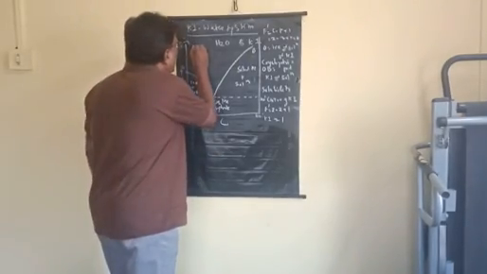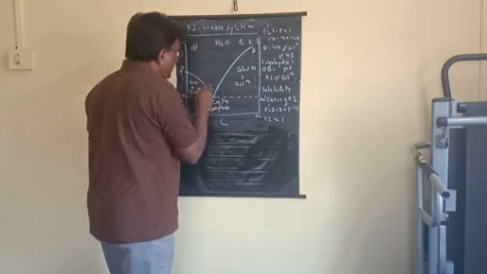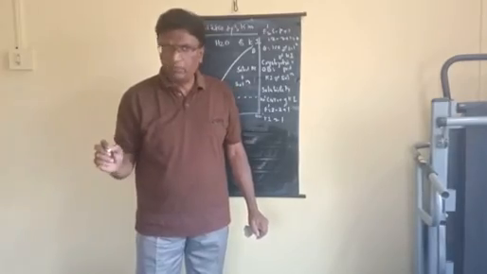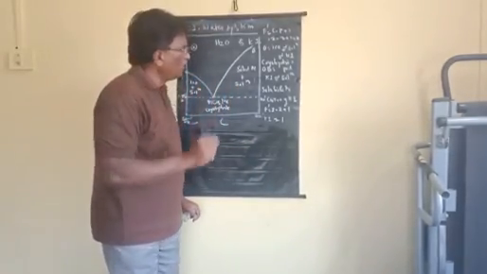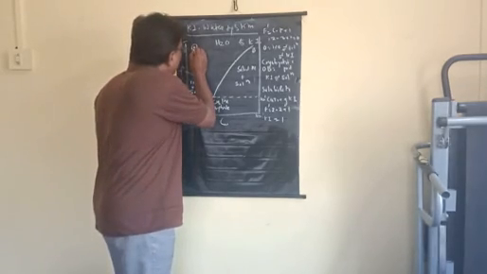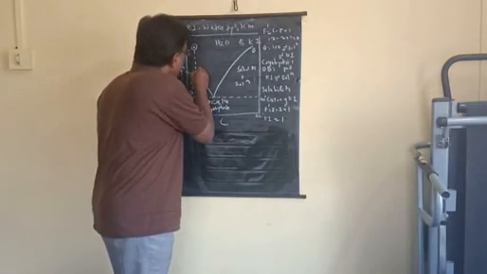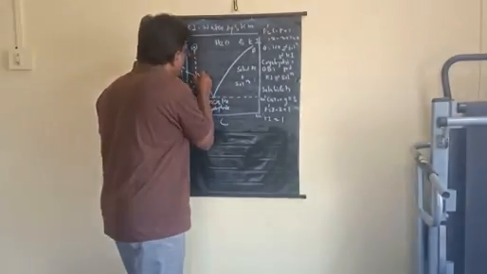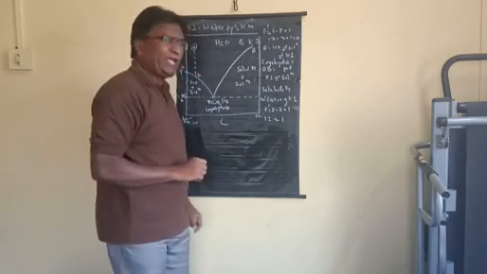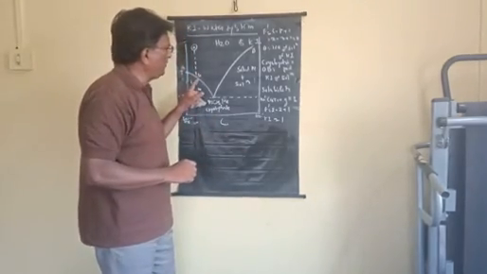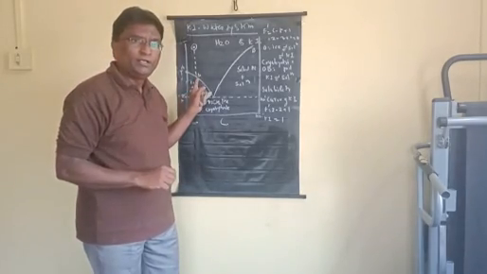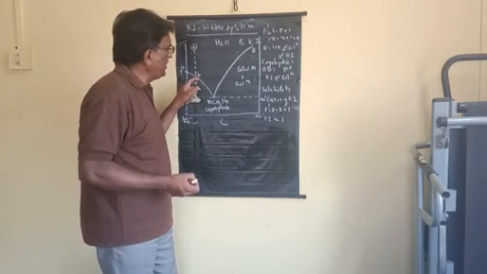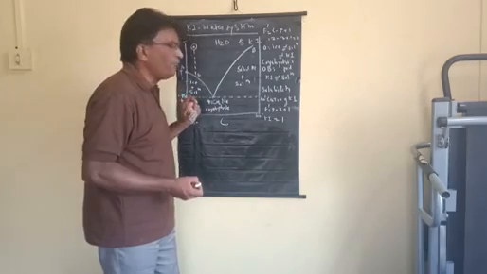If you consider any composition above this curve AO, and we cool that composition, the temperature will decrease along the dotted line AB. As soon as it reaches point B, ice will separate out and it will remain in equilibrium with solution of KI.